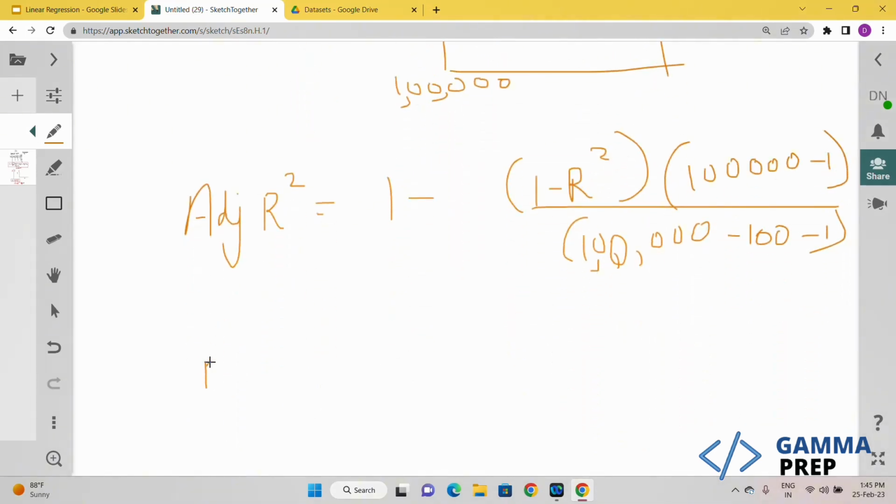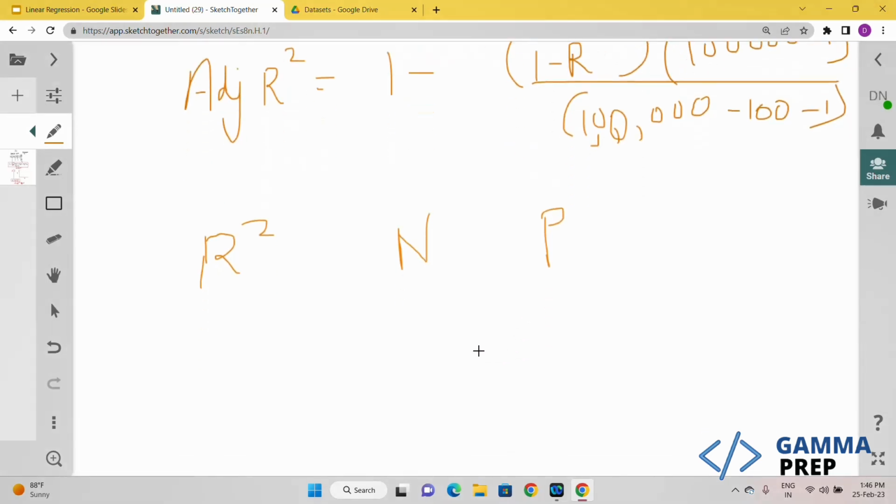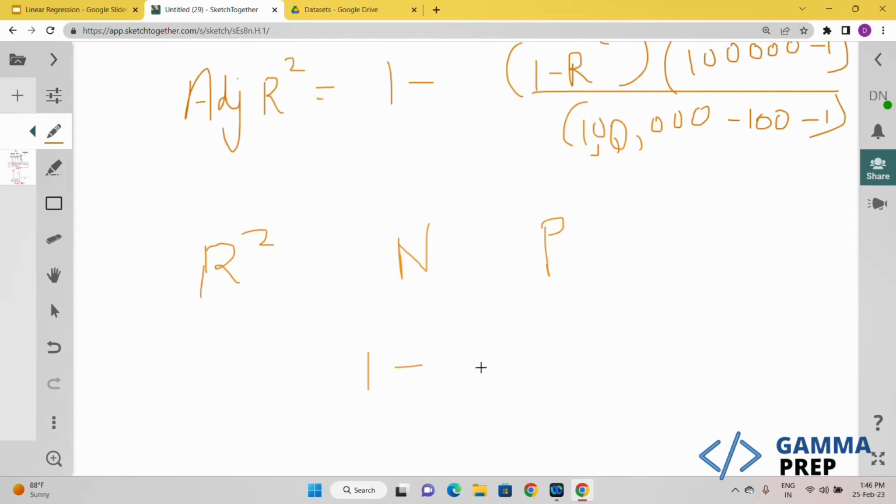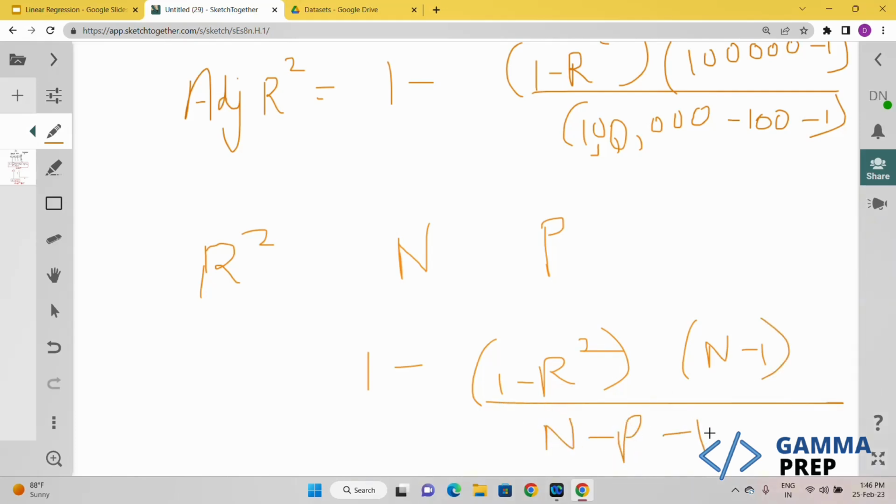So if you have your R square and the total number of records is n, right? And your p is basically the number of independent variables, then your adjusted R square turns out to be 1 minus R square into n minus 1 divided by n minus p minus 1.